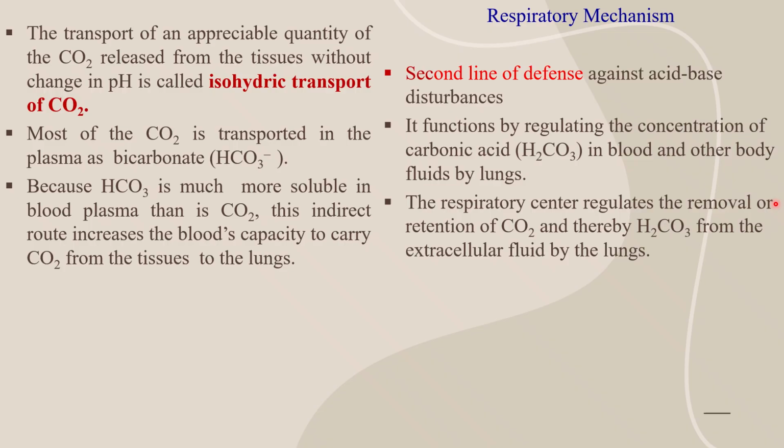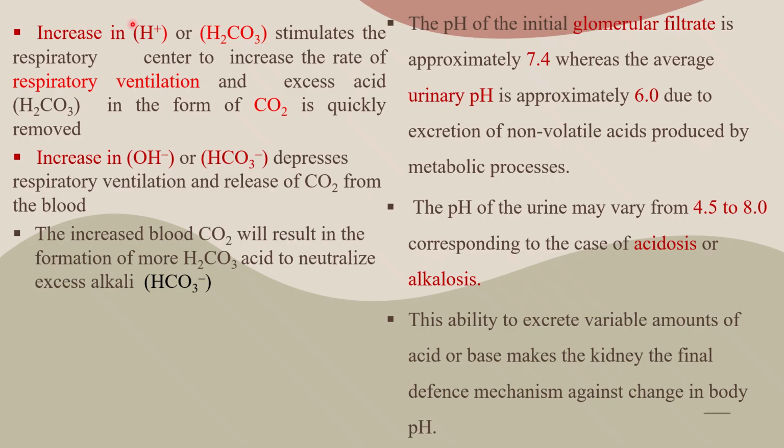Respiratory centers regulate the removal or retention of carbon dioxide, and thereby carbonic acid, from the extracellular fluids by the lungs. An increase in H plus and carbonic acid stimulates the respiratory centers to increase the rate of respiratory ventilation, and excess acid in the form of carbon dioxide is quickly removed.